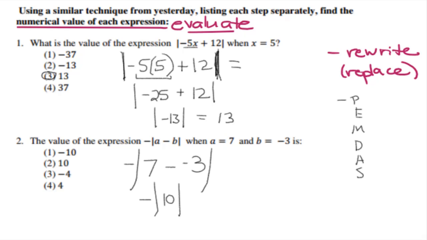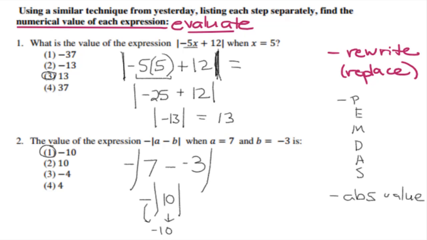The absolute value of 10, right? Notice we're always doing, after we do PEMDAS, then we finally do the absolute value. Sorry, my V looks like a U, but that's okay. The absolute value of 10 is 10, and then that negative sign is just going to sneak right in front. So my final answer is going to be negative 10.